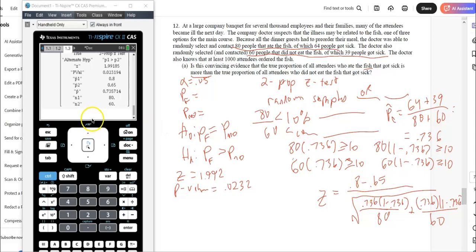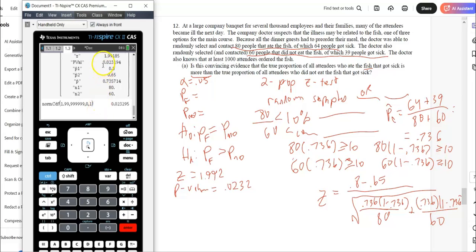Once you get those, you could do, of course we already know the p-value, but you could do, once you know the z-curve, so you go normCDF 1.99, comma infinity, comma 0, comma 1.